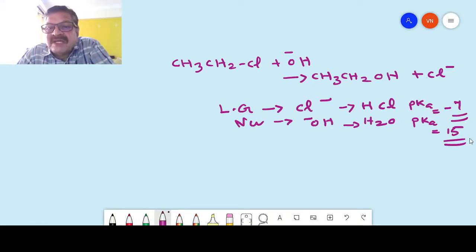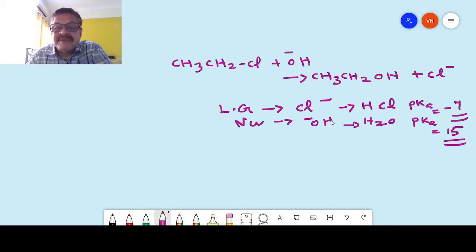The stronger the conjugate acid, the weaker the conjugate base. A weak conjugate base gives a strong conjugate acid, and a strong conjugate acid will have a lower pKa value. If you compare the pKa values of H2O and HCl, HCl is a stronger acid. Therefore, Cl minus is a weaker base compared to the nucleophile OH minus.